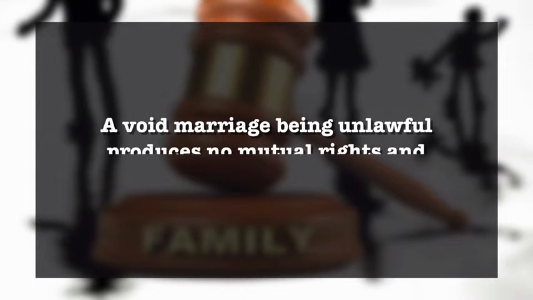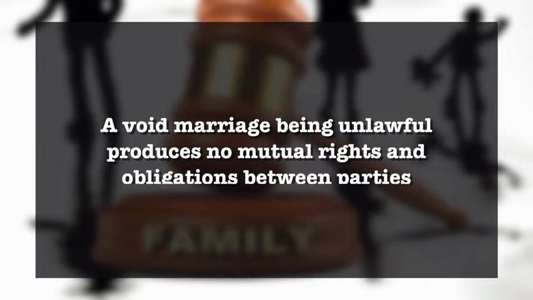The issue of a void marriage is illegitimate. A void marriage being unlawful produces no mutual rights and obligations between the parties. Illegality of such unions commences from the date when the contract is entered into and the marriage is considered as totally non-existing in fact as well as in law.